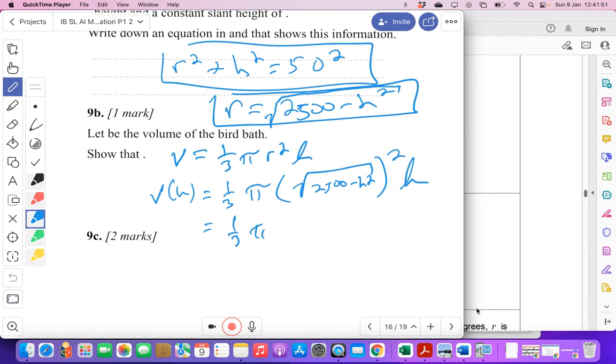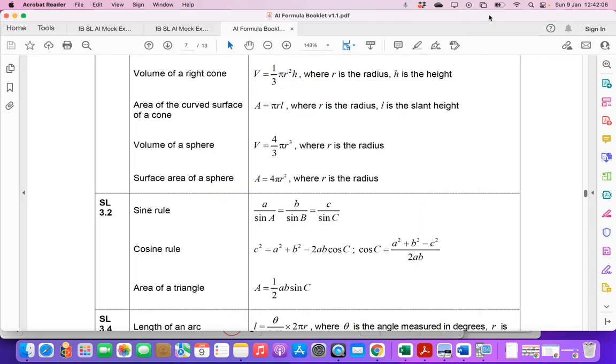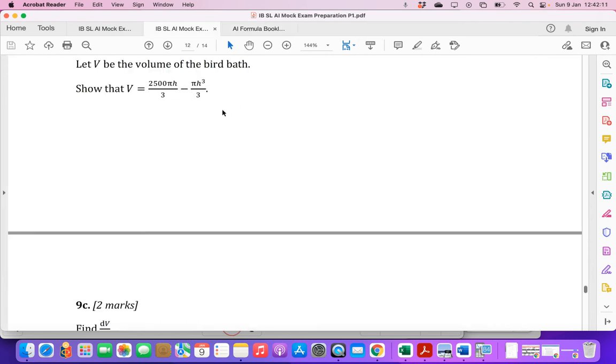So 1/3 pi times (2,500 minus h squared) times h. When I expand and simplify this, I get the equation they wanted: 2,500 pi h over 3 minus pi h squared divided by 3.